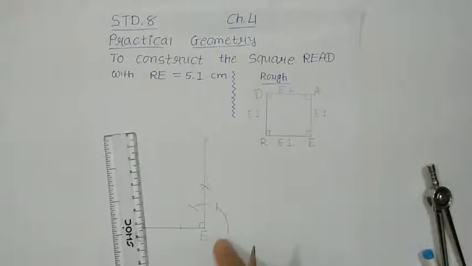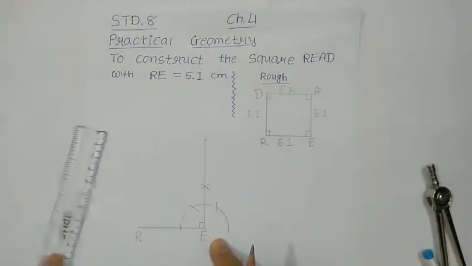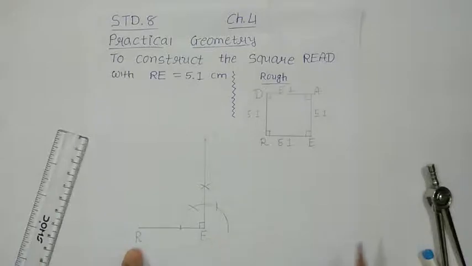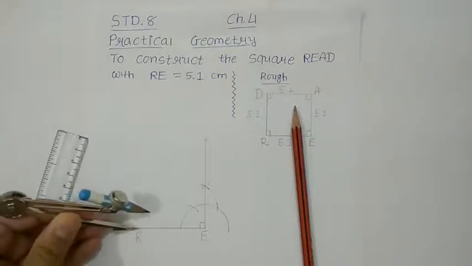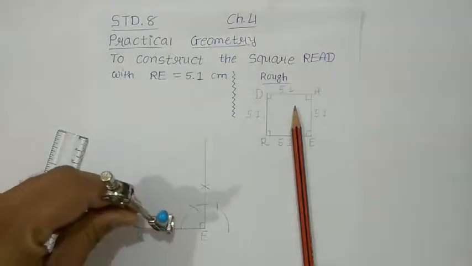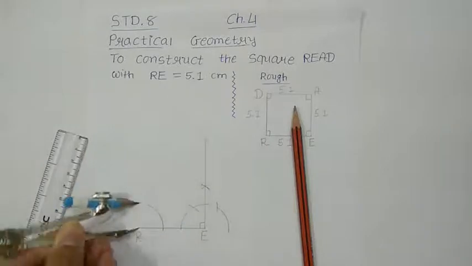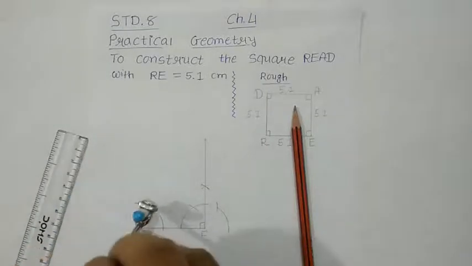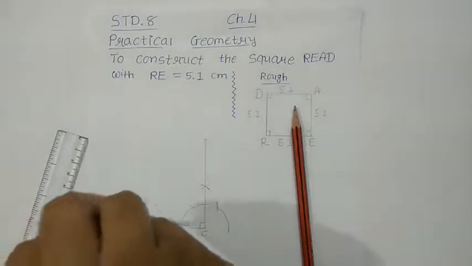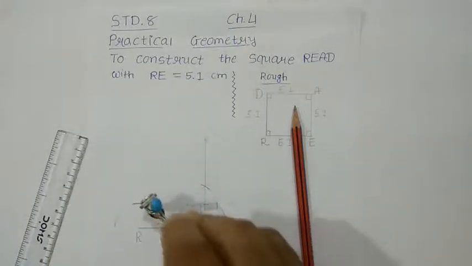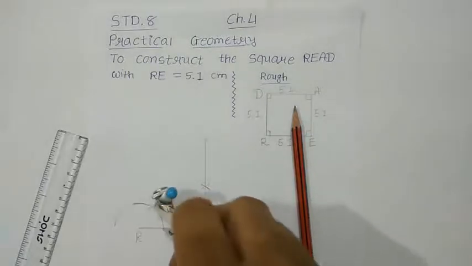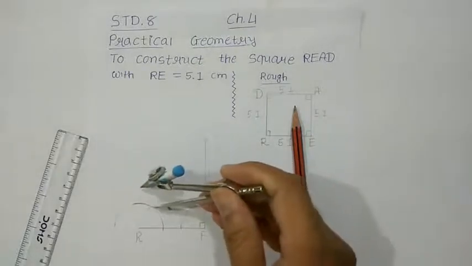In the same way, the process we have done here, we have to do at point R. We have to make a semicircle arc by taking R as the center. Now by taking this point as a center, make an arc on this semicircle. One more point we get here.